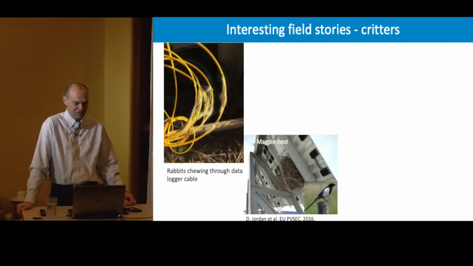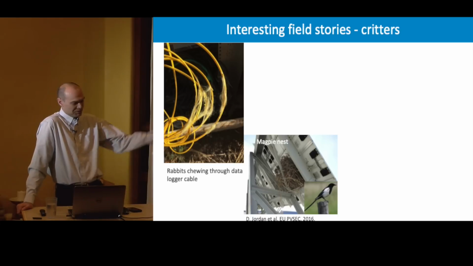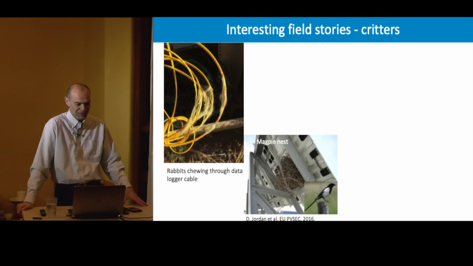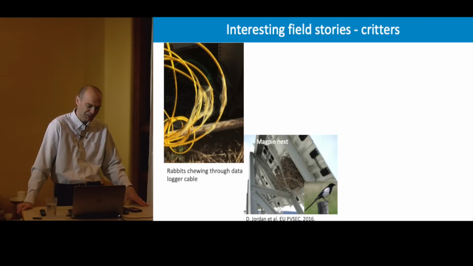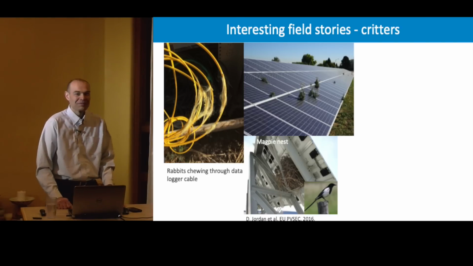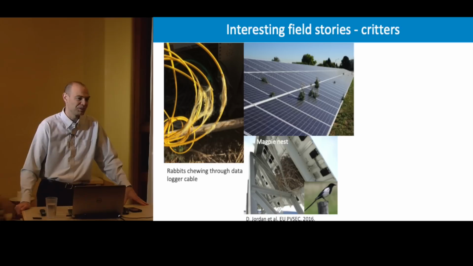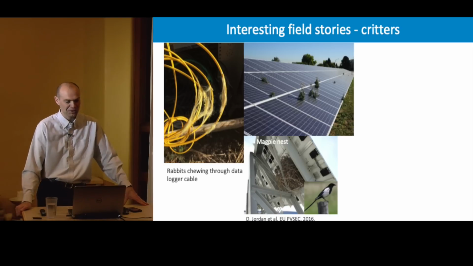And some other fascinating field stories involve critters. Critters are attracted to the warmth of the PV. So there's an example of rabbits chewing through the cables. The magpie was damaging our panels by building a pretty solid nest behind the modules. And then squirrels, yes. Then often, in big plants, if the maintenance is not done well, you can sometimes see bushes or even weeds growing between the panels.